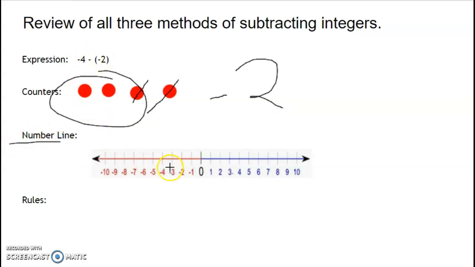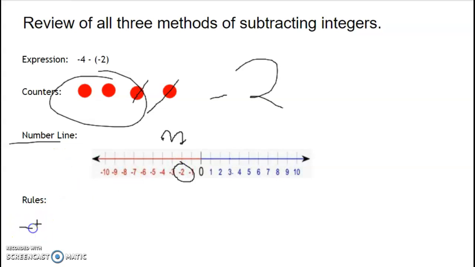Using the number line strategy, we would start at -4 and we are taking away a negative number. It means we're taking away our debt. We become more positive. So I'm going to move in the right direction, 2 units. So I land at -2.